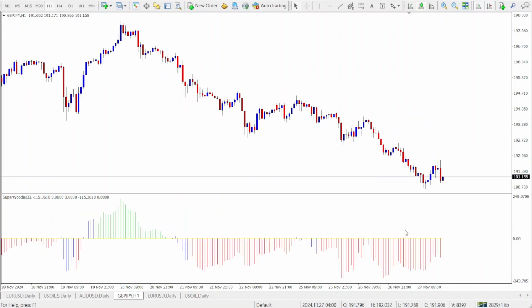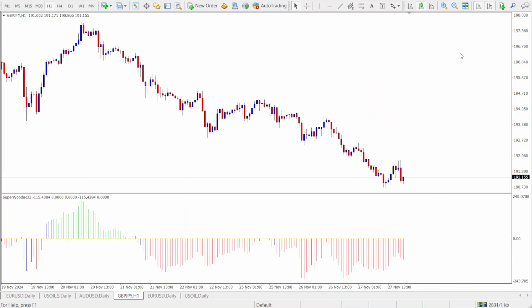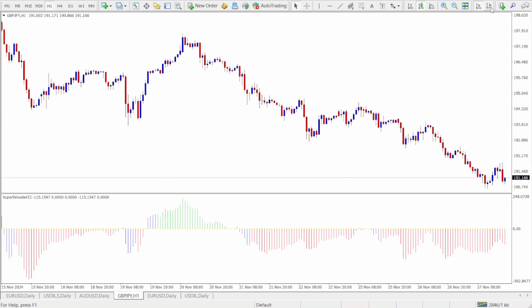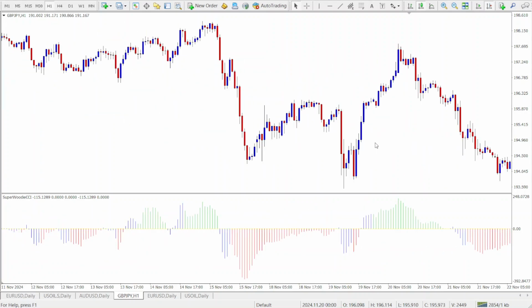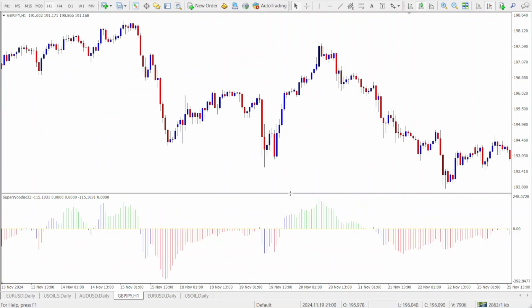So how do you get precise entry and exit points? To get precise entry and exit points, just watch out for the periods where the histogram bars flip to the opposite side. That's where you have your precise entry point.